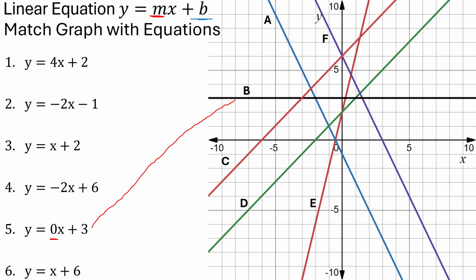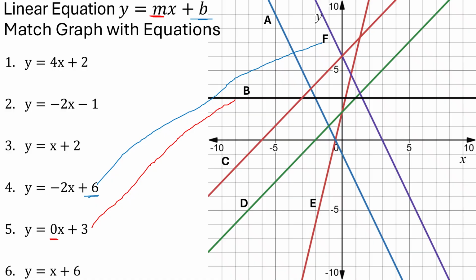So can I find a negative value? Equation 2 has a negative slope, and equation 4 has a negative slope. Equation 4 also has a y-intercept of 6. So line F is equation 4.